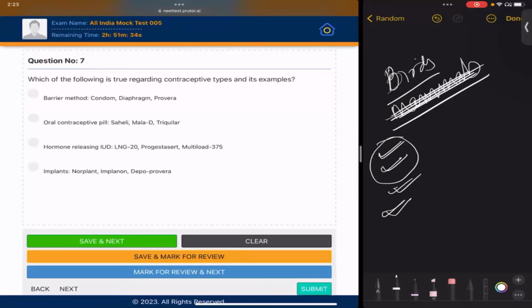So it's a bit out of NCERT, but if we have to go with one correct option, 2 and 3 are a bit doubtful. Saheli is correct. Mala D is also correct. Tubectomy, I don't have much idea of. Hormone releasing IUD, LNG20 is correct. This option is wrong because multi-load is not hormone releasing. Implants, Norplant, Implanon, Depo-Provera, this seems to be the correct answer.